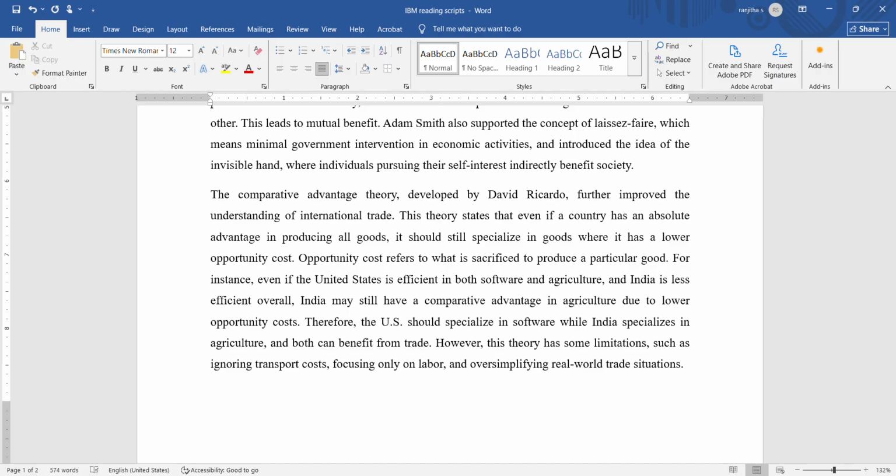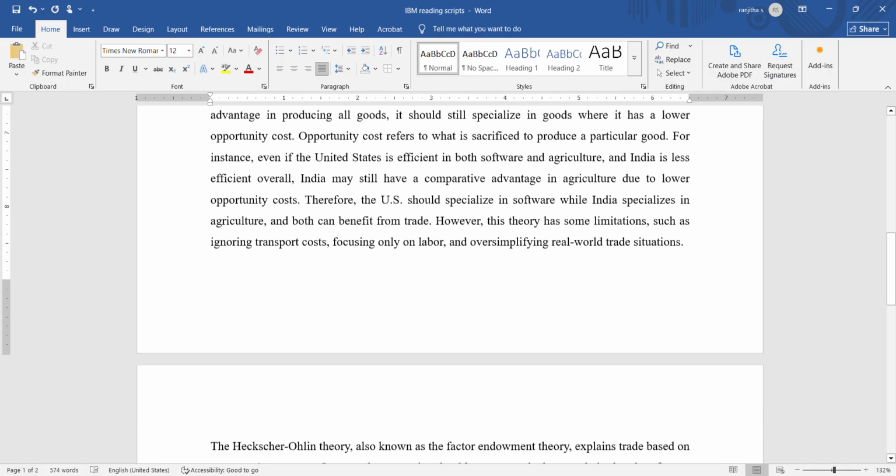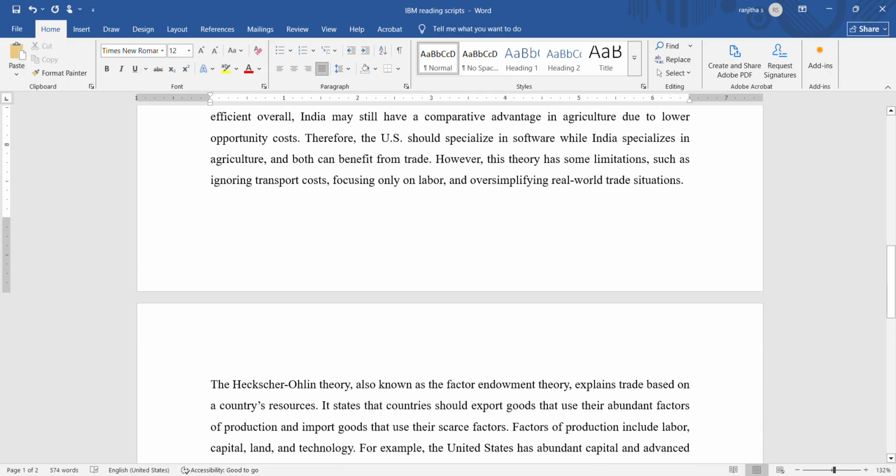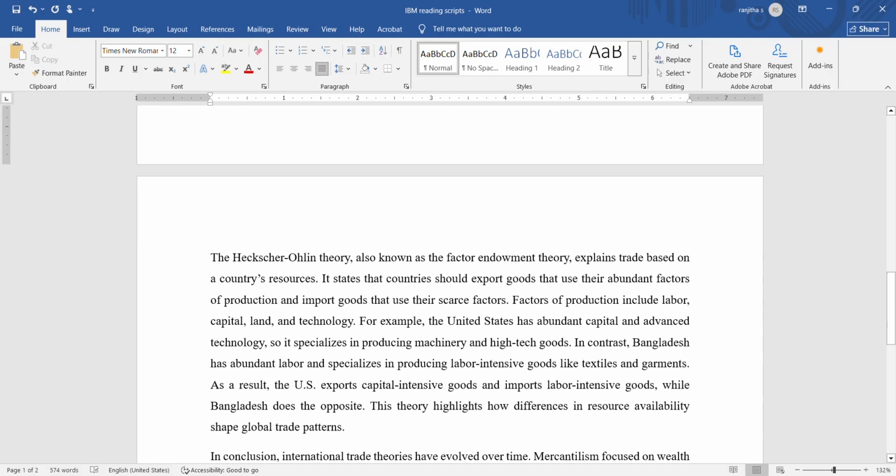Therefore, the United States should specialize in software technology while India should specialize in agriculture, and both can benefit from mutual trade with each other. However, this theory has some limitations, such as ignoring factors like transportation cost, focusing only on labor, and oversimplifying real world trade situations.